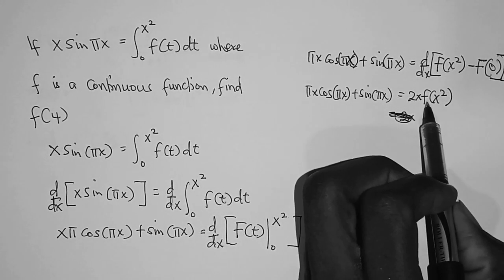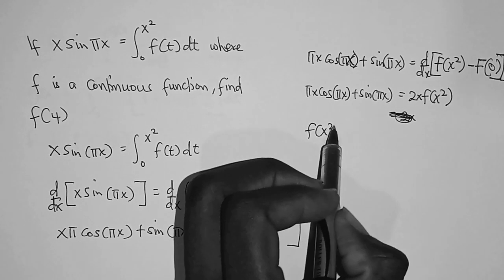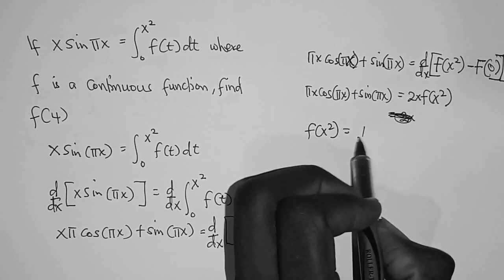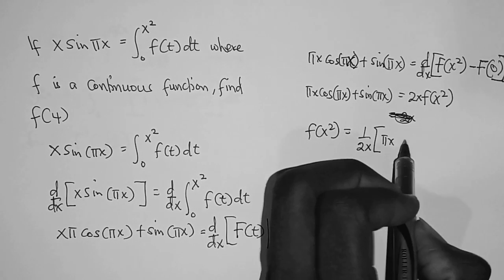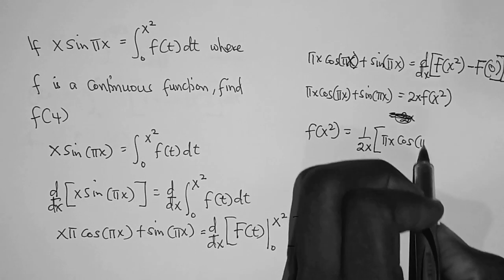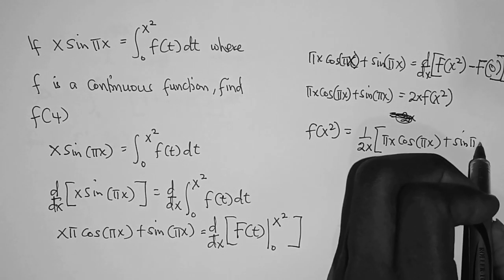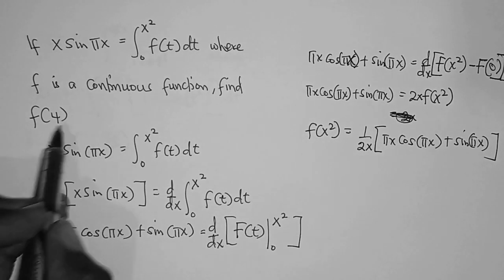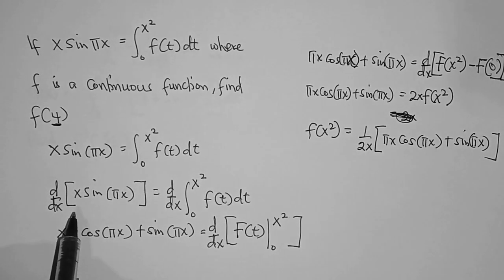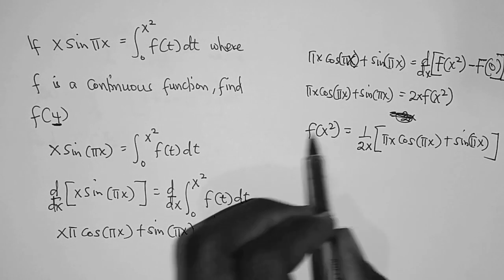So now let's make f of x squared the subject. So f of x squared is equal to 1 over 2x, bracket open, pi x cos pi x, then plus sine pi x. But the question says we should find f of 4. To get 4 here, we need to insert 2 because 2 squared is 4.